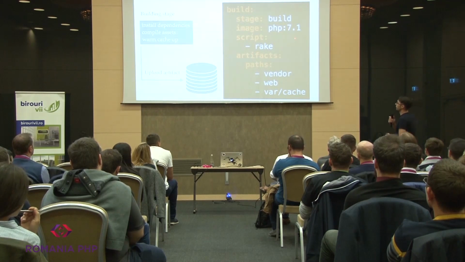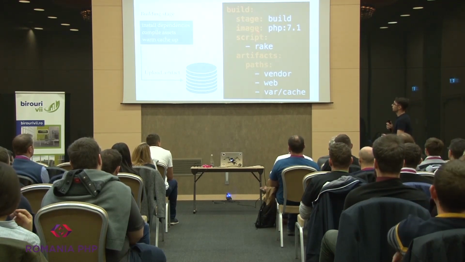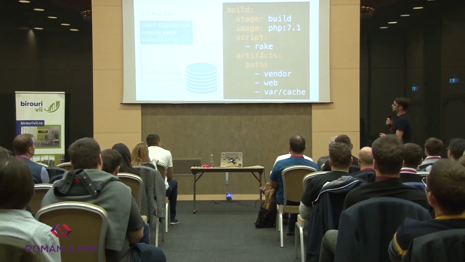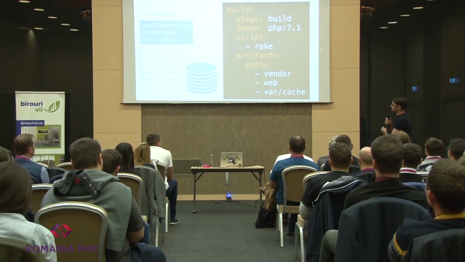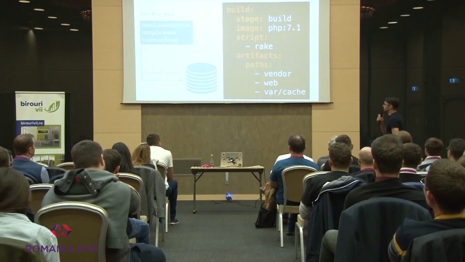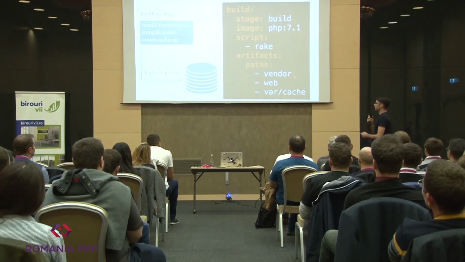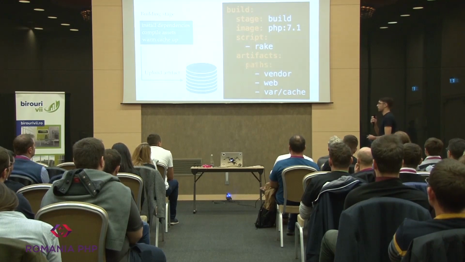And we define a Docker image that will run this. Right? GitLab CI will then spawn an instance of this and run this code, right? And in this case, I simplified it by just putting rake. In your case, you probably have Composer install and then yarn and whatever else you have. And then we need to tell GitLab CI the paths to the files that we need to include in our artifact, right?